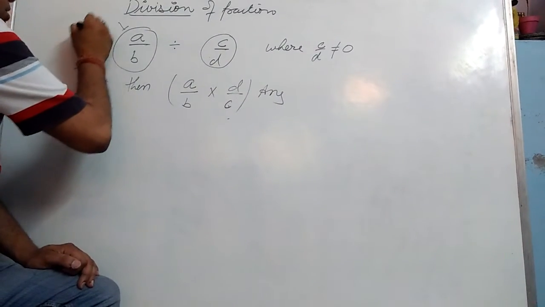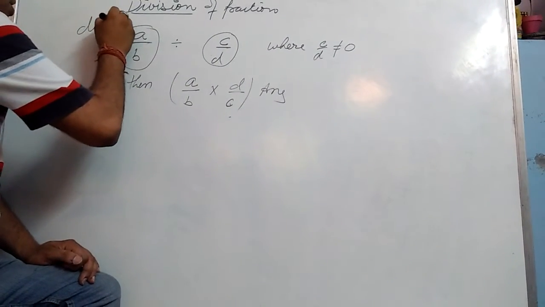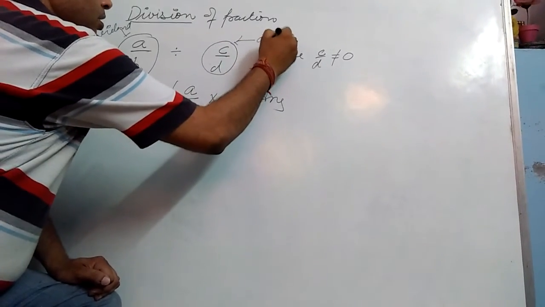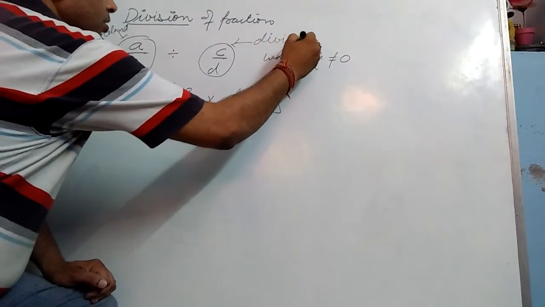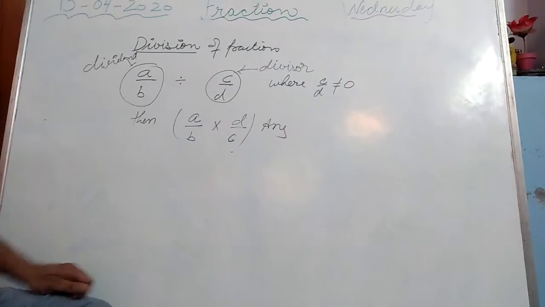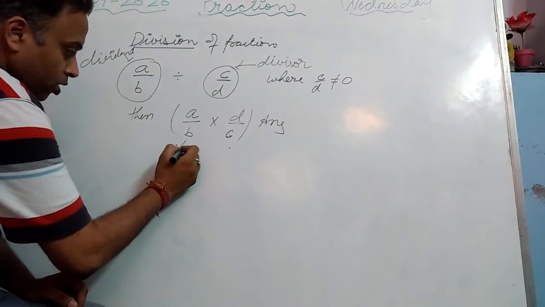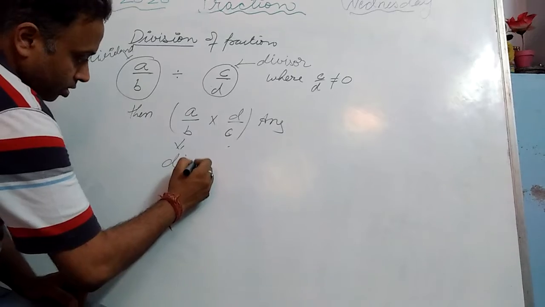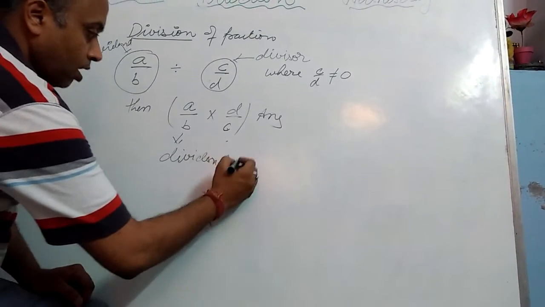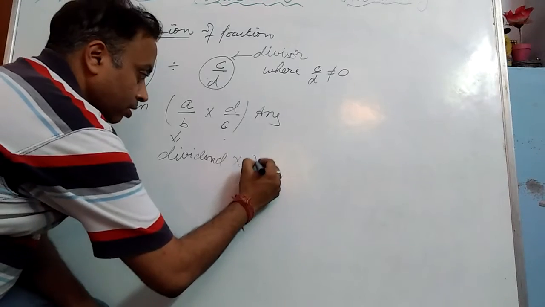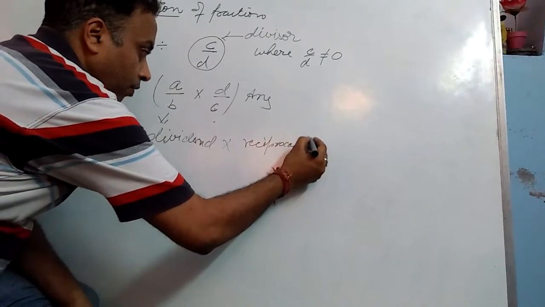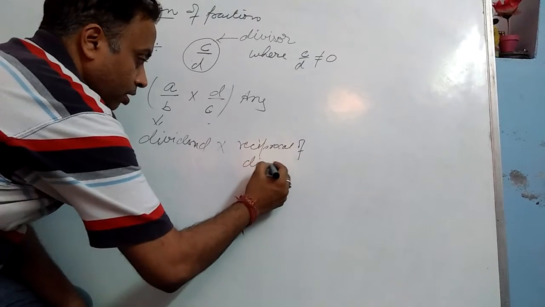This is the dividend and this term is a divisor, and your result is multiplication of your dividend and reciprocal of divisor.